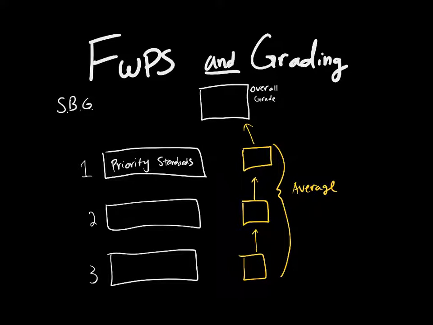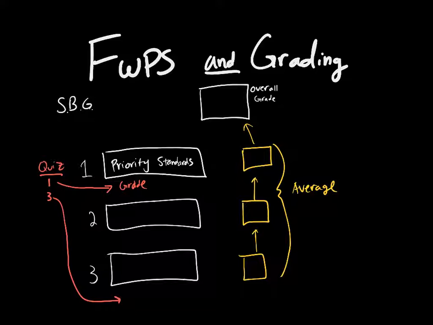Well, if we're taking a quiz or a test, and we assess something from Priority Standard 1 and Priority Standard 3, part of your grade from that quiz is going to go into Priority Standard 1, and part of your quiz is going to go into Priority Standard 3, and you're going to get a grade. So you've got a grade from there. Maybe you take a test and that test gets broken down in a different way.